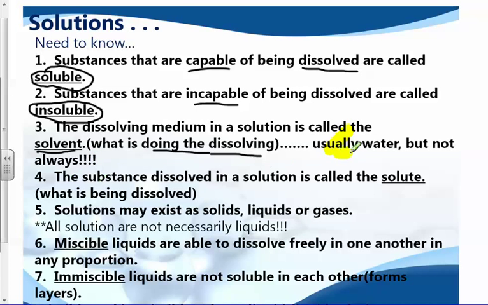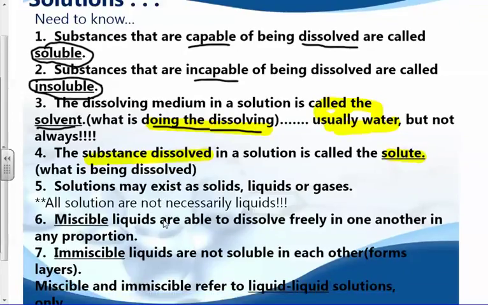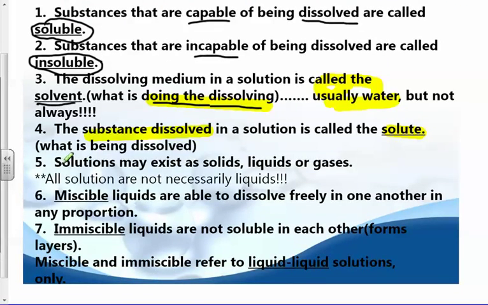All right, so there's my highlighter. Usually water. All right. So the substance that's being dissolved in a solution is called the solute. Okay? So what's being dissolved is solute. What's doing the dissolving is the solvent.